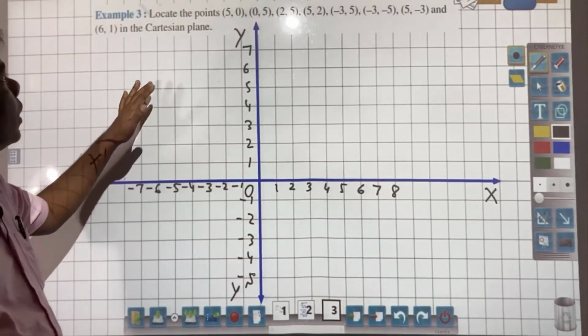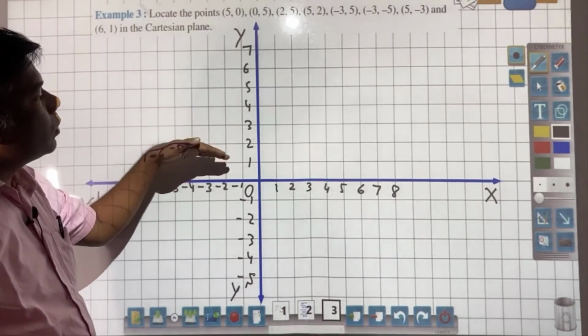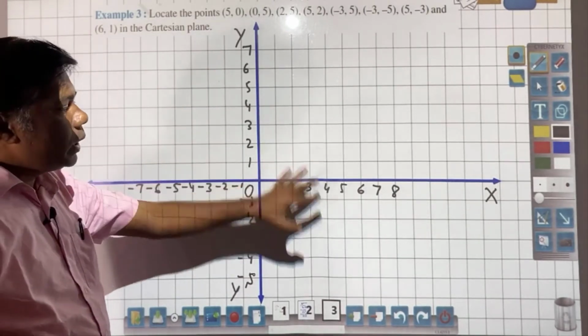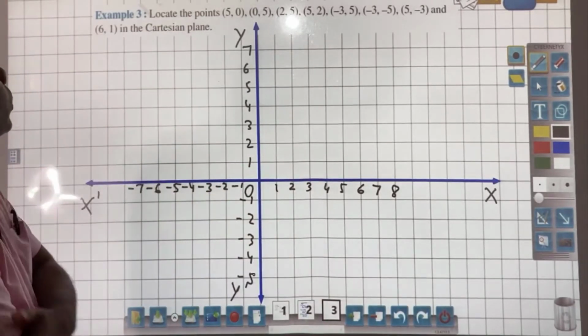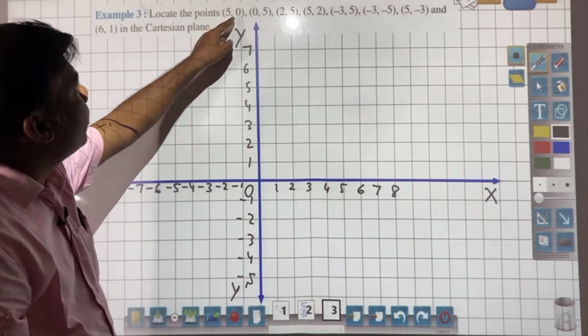Always when you are doing this exercise, this one or the previous one, you need to have a graph so that you will understand properly. Here you need to locate the point (5, 0).